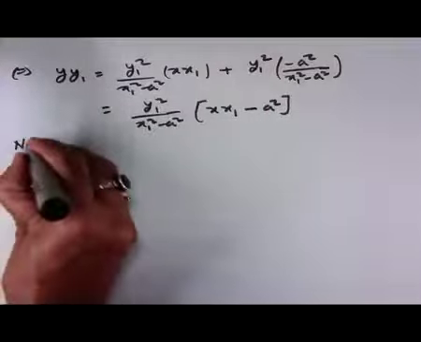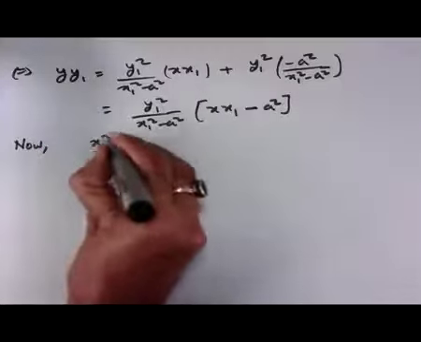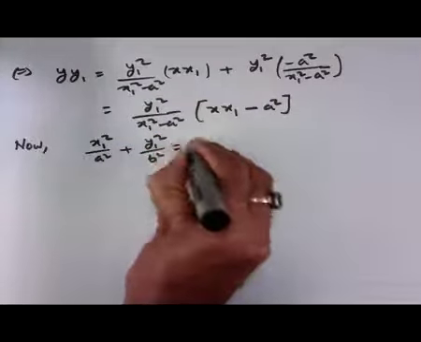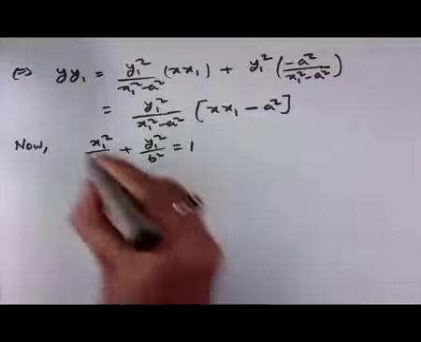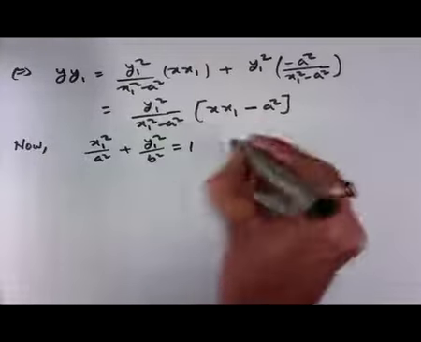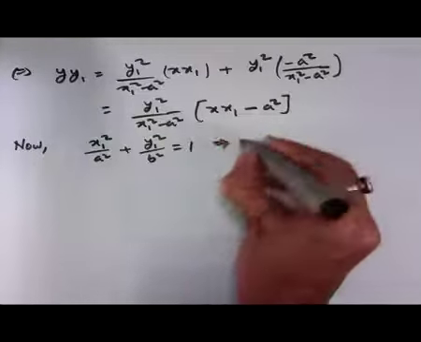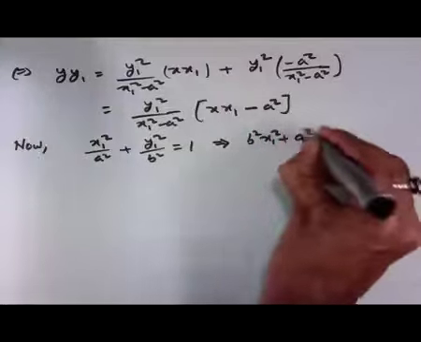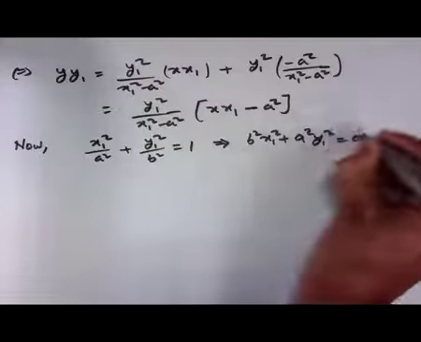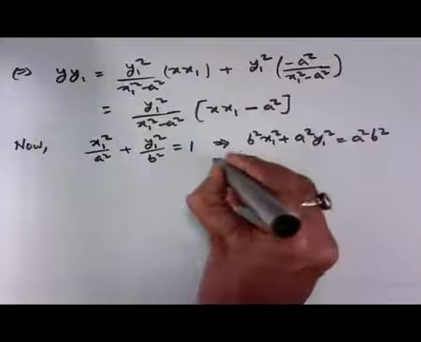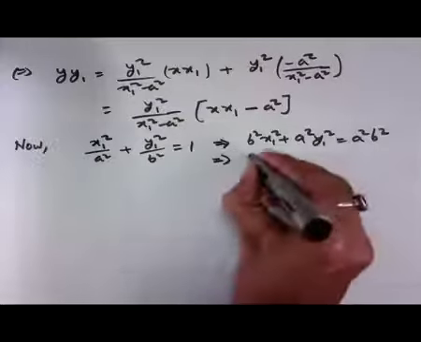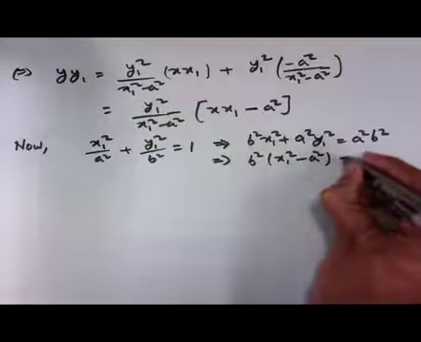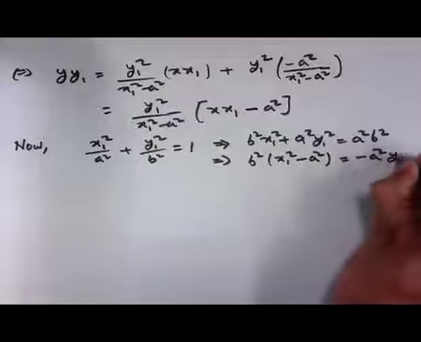Now, note that x1 square by a square plus y1 square by b square is equal to 1 because it lies on the ellipse, and this gives b square x1 square plus a square y1 square equal to a square b square, which means b square times (x1 square minus a square) equal to minus a square y1 square.